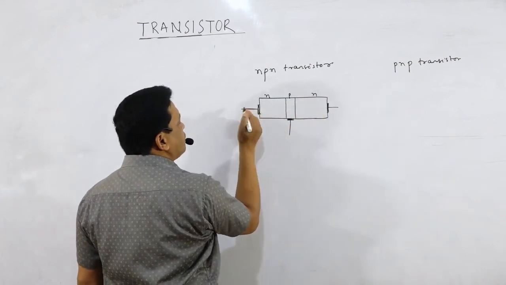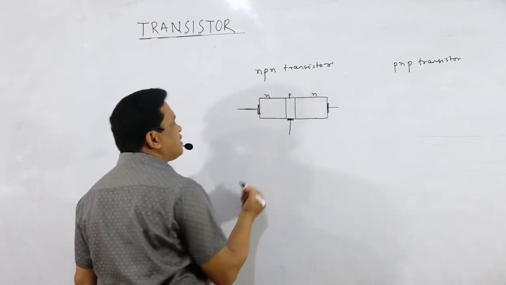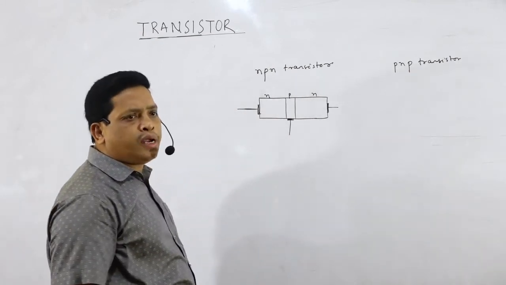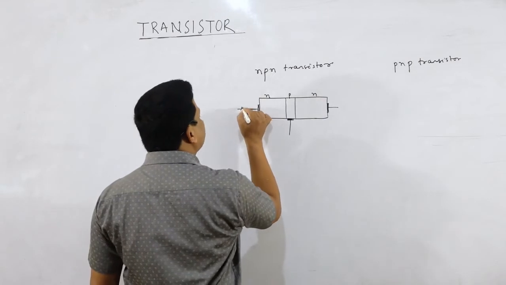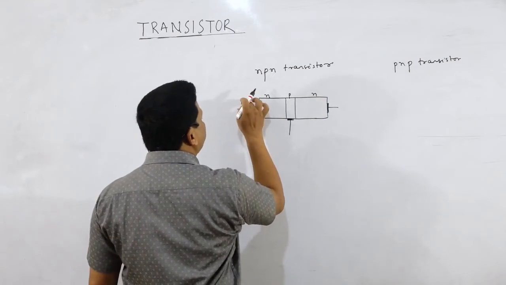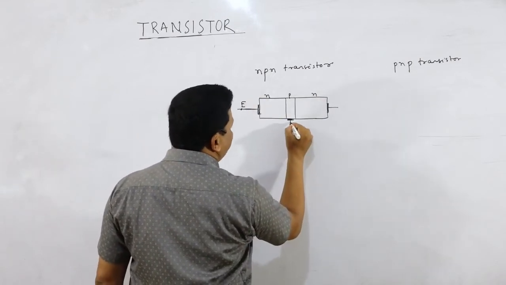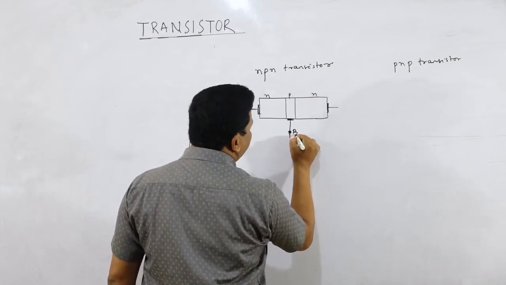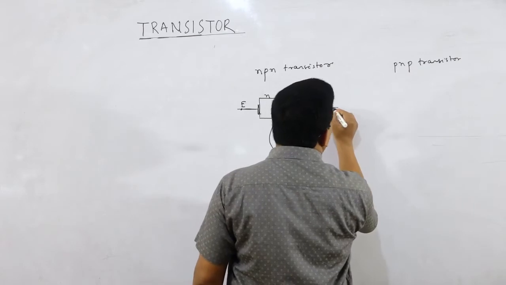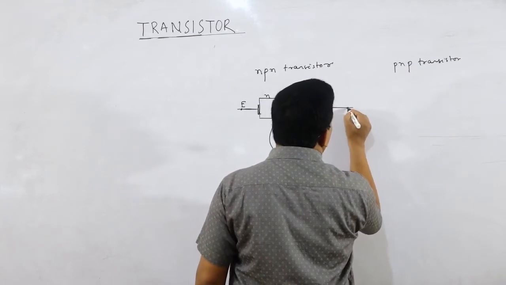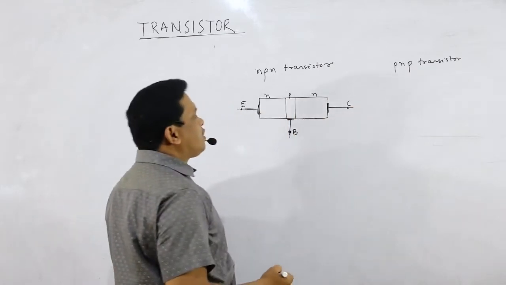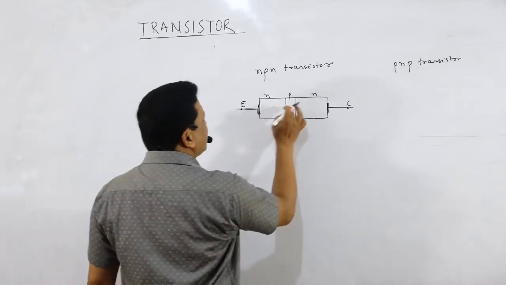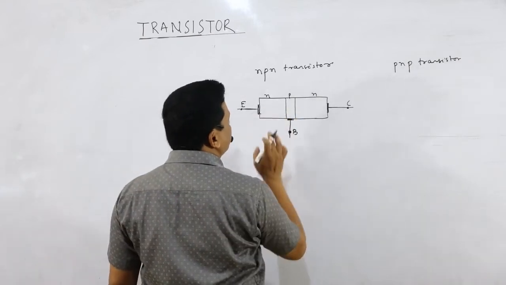The metal wire connected with the emitter section is known as emitter terminal. I mark as capital E, means emitter terminal. This is the metal terminal connected with the base, known as base terminal, and this is the metal terminal connected with the collector, therefore it is called collector terminal. So 3 sections, emitter, base, collector.